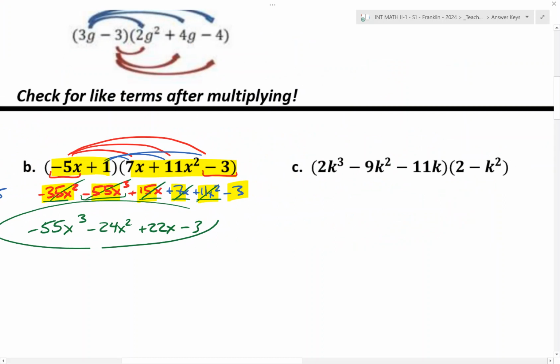All right, example C, the trinomial's first. That's okay, you can do it the same way. Start with 2k to the third. We're going to multiply by 2. That's 4k to the third. And then 2k cubed times negative k squared is negative 2k to the fifth.